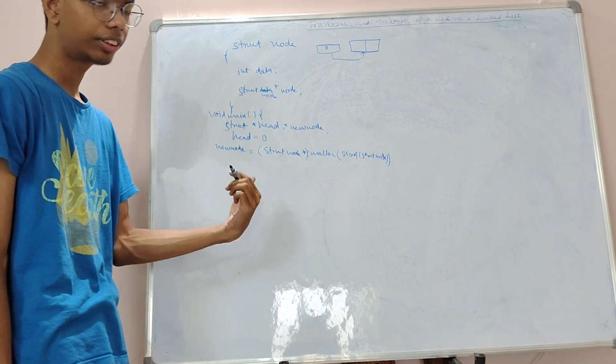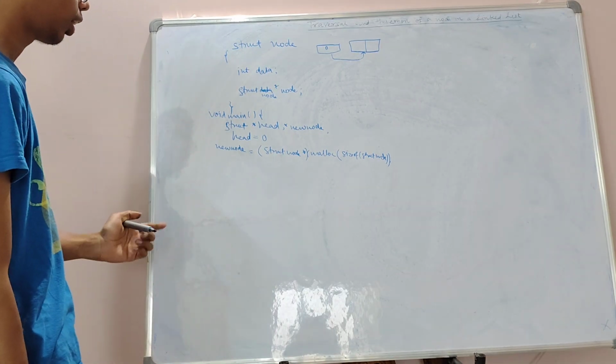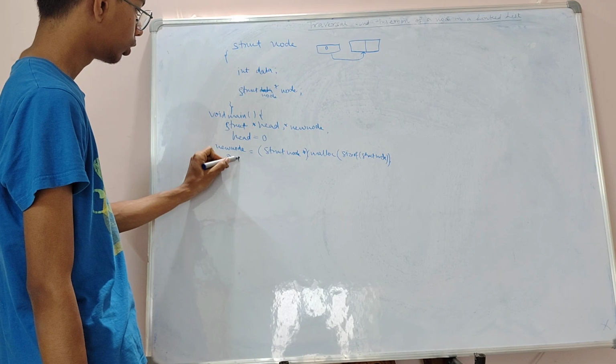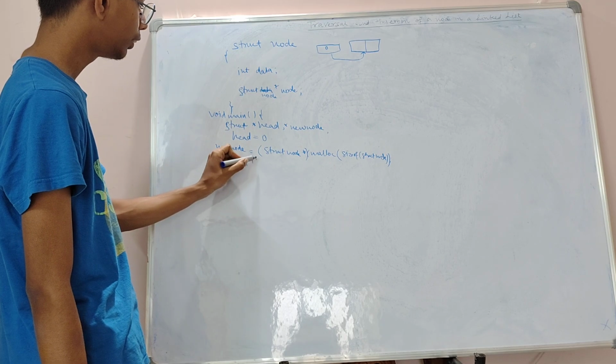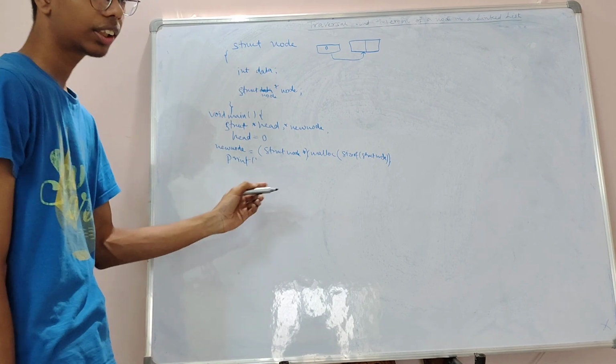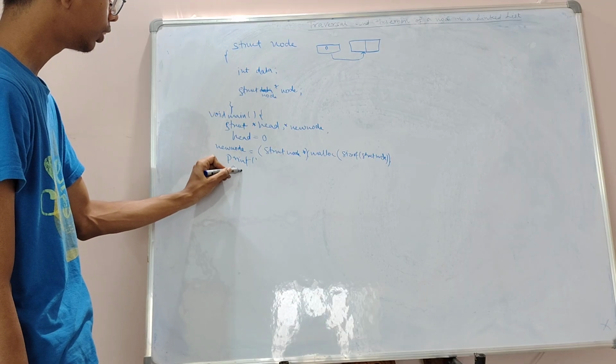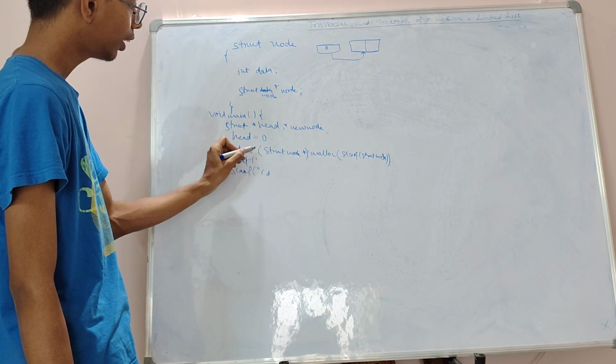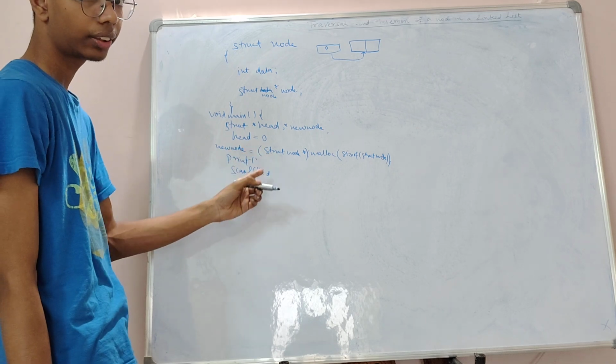Now what we will do next, I will ask the user to enter data, right? This is the user input part. I hope you will do this by yourself, or I am telling. Here I will write enter the data, right?